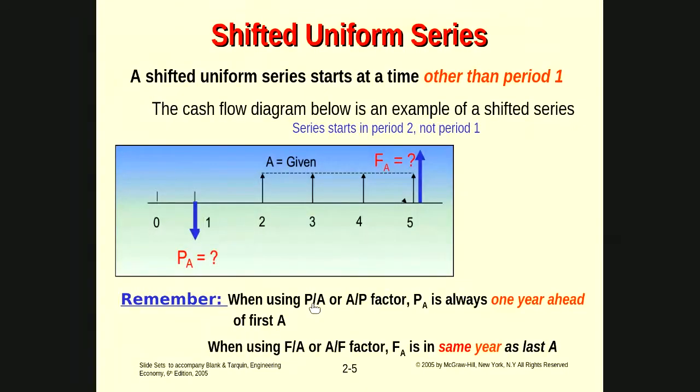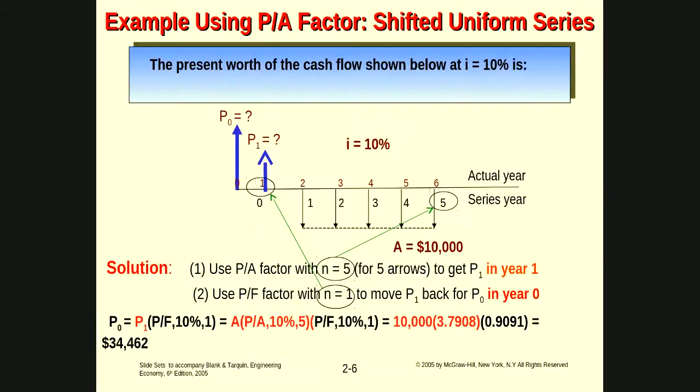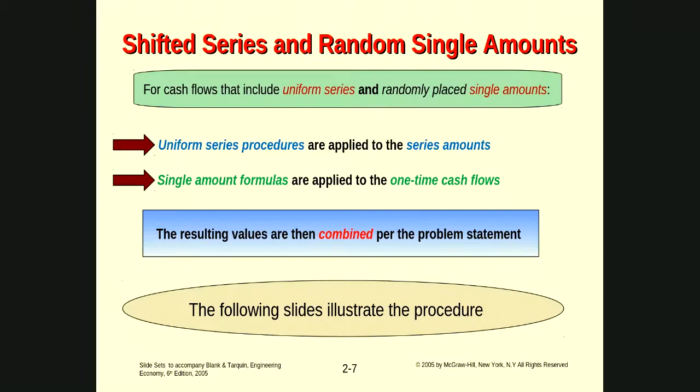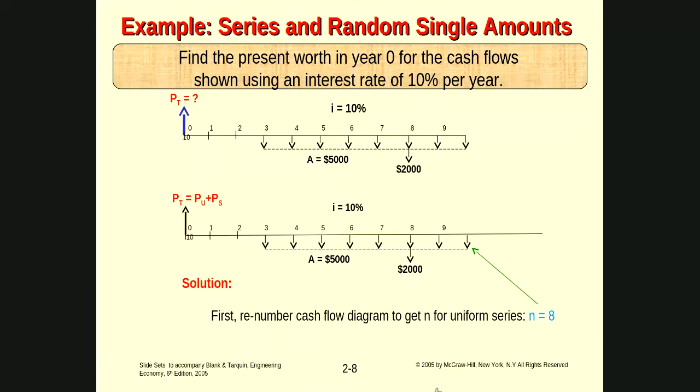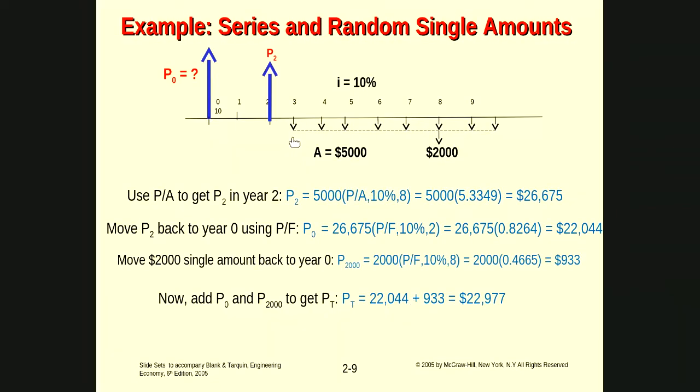When you use the P given A, it is always the present 1 year ahead, meaning one year previous. So in this case when we find the present from the annual here, you will find it at year 2, 1 year ahead. You find it at year 2 in this case.